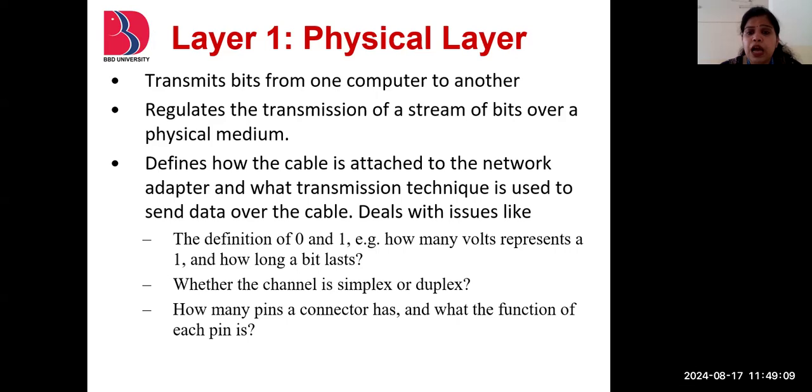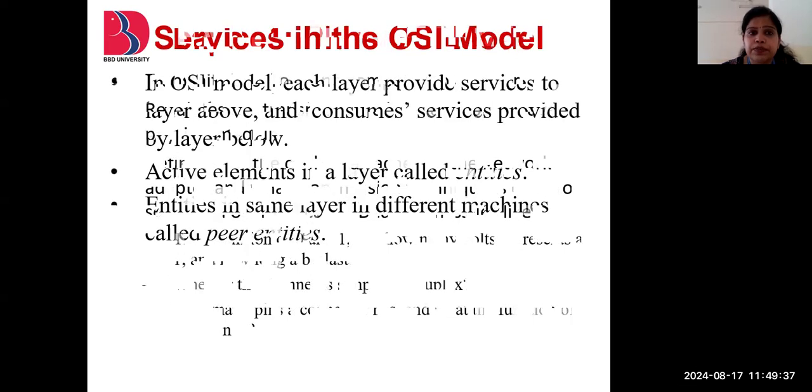For example, how many volts represent 1 and how long a bit lasts, whether the channel is simplex or duplex, and how many pins a connector has and what is the function of each pin. So all these functions are performed over this physical layer. All the cabling, all the routers, all the bridges and hubs are present over this layer.